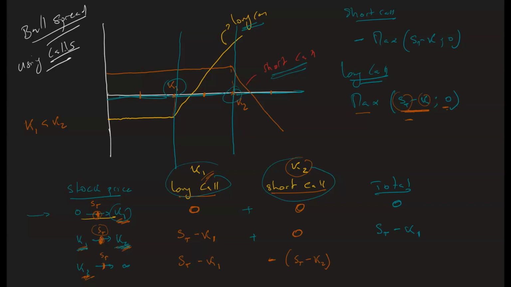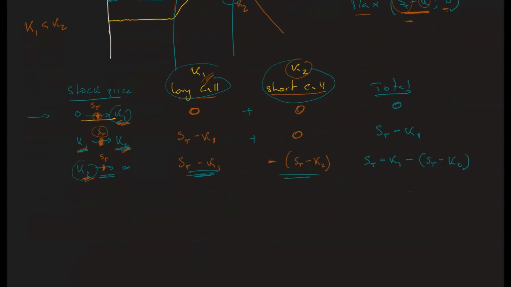Now, if the stock price is above K2, which is the last scenario, our payoff is essentially going to be ST minus K1, plus this value that we have here, which is minus (ST minus K2). Now, we can essentially remove these parentheses. So if I get rid of the parentheses, I put a plus sign here. That cancels out: ST minus ST cancel out.